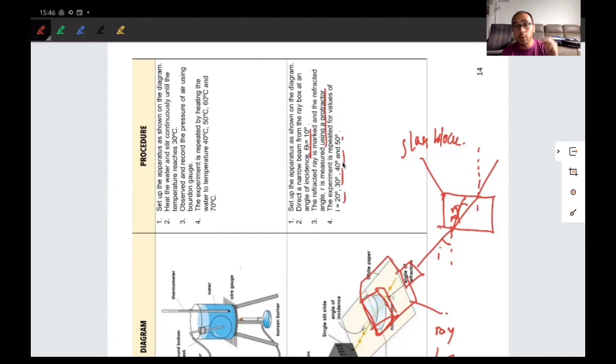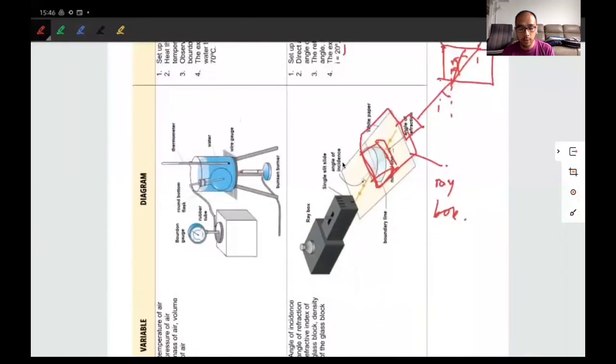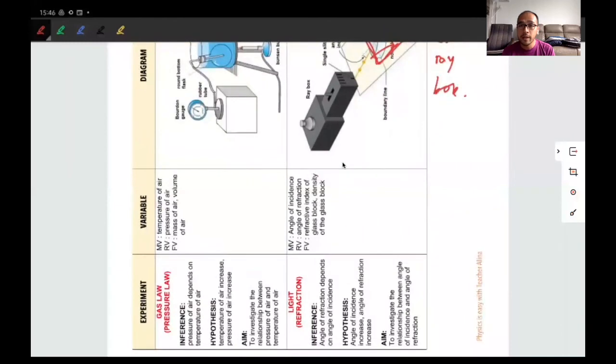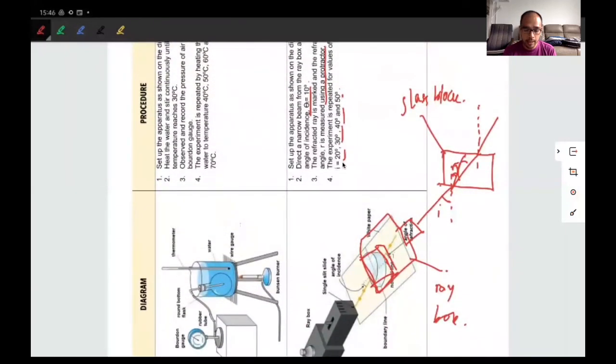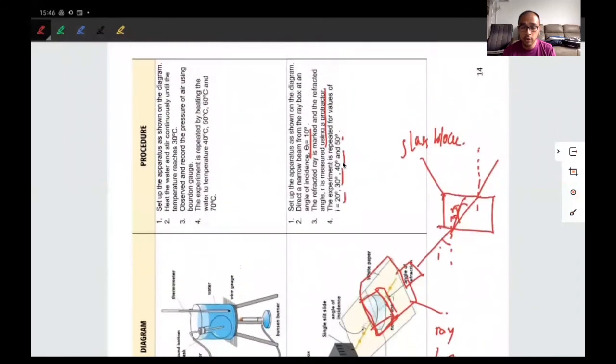So this experiment we did before, in this one, when you were all in Form 4, feels like a lifetime ago, huh? Yeah lah, but there you go. And so if you're not sure about this one, or if you can't really see what I'm showing right now, go and look back at your PK experiment.